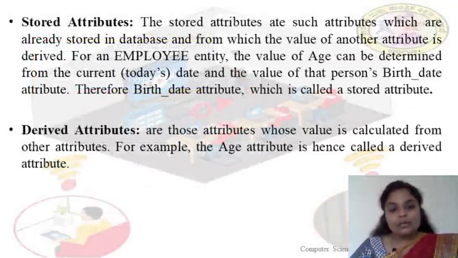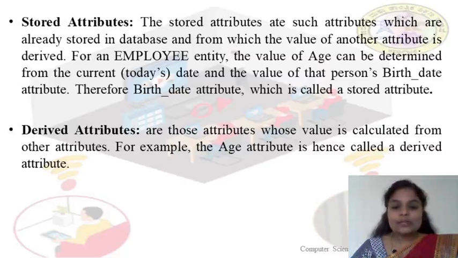Fine. Next, we have a further classification of attributes. We have stored attributes and derived attributes. What are stored attributes? First, let me read the definition. Stored attributes are such attributes which are already stored in the database and from which the value of another attribute is derived.